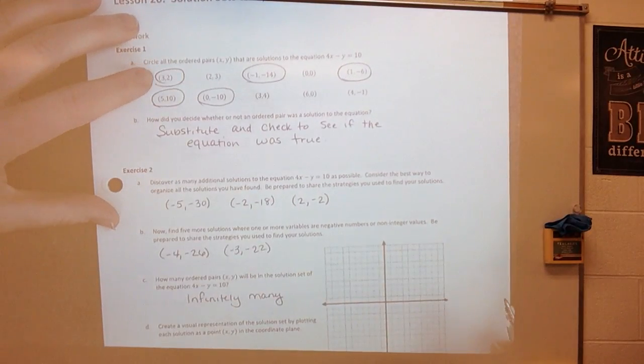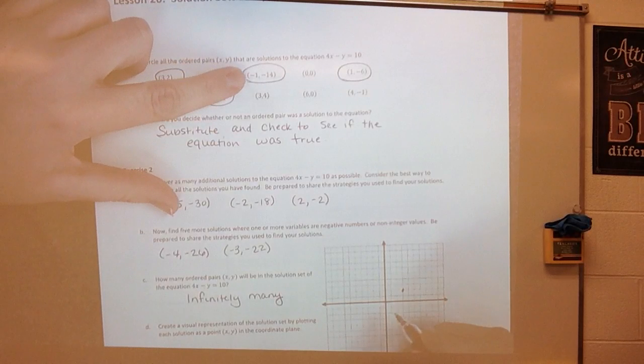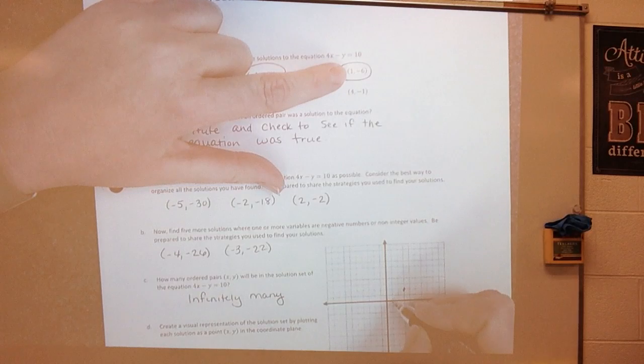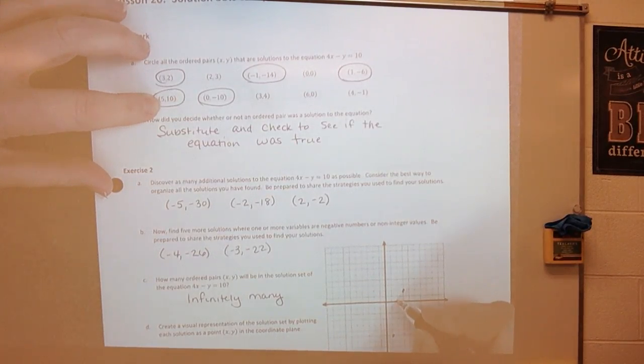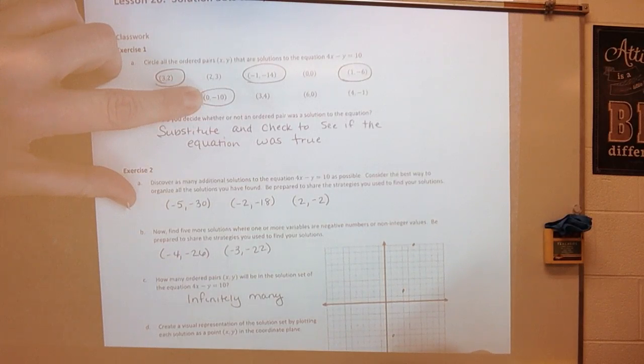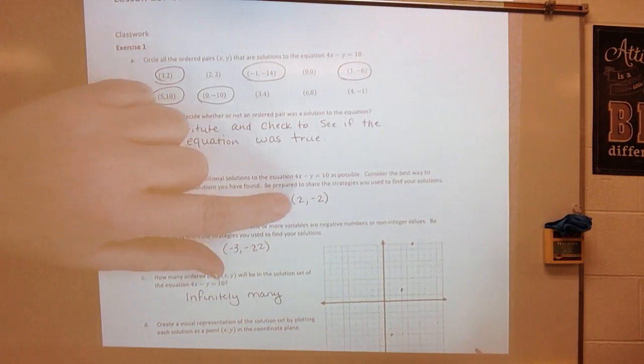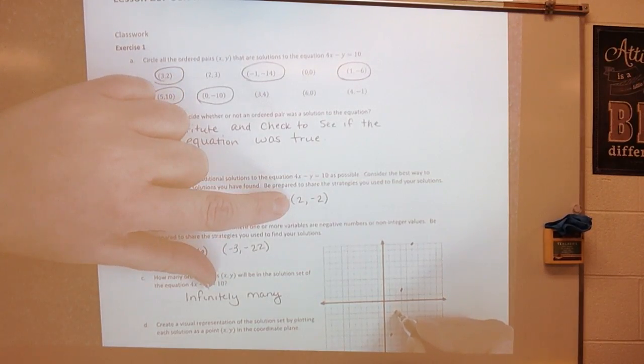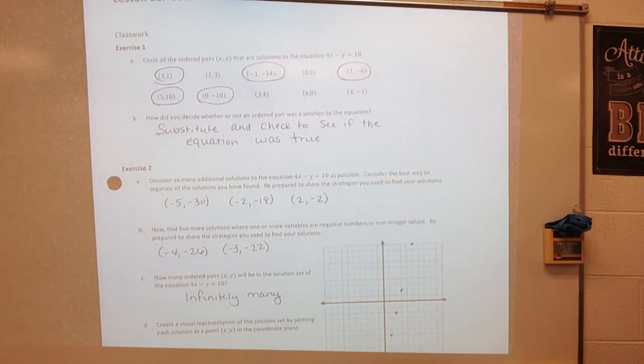Alright, so if we just look at this, plotting the points: 2, negative 2, 10, 0, and so on. What do you notice?